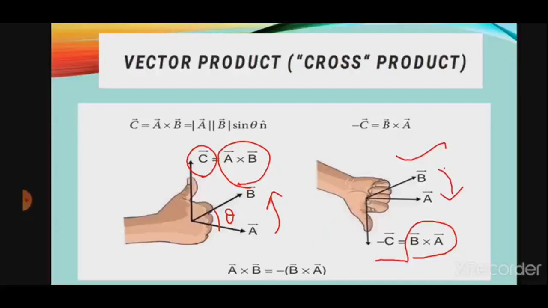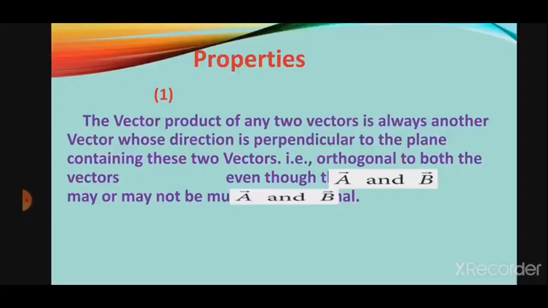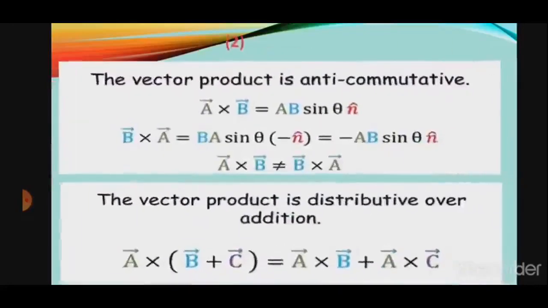A vector cross B vector is AB sin theta n unit vector; in the opposite direction the negative sign is indicated, so the result is minus AB sin theta n unit vector.